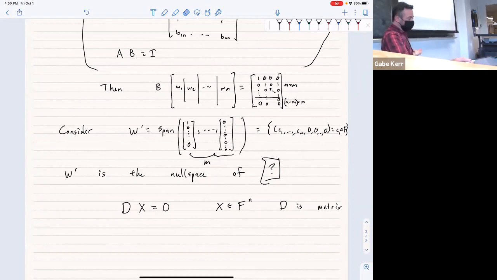The number of rows in it will depend on the dimension of W.